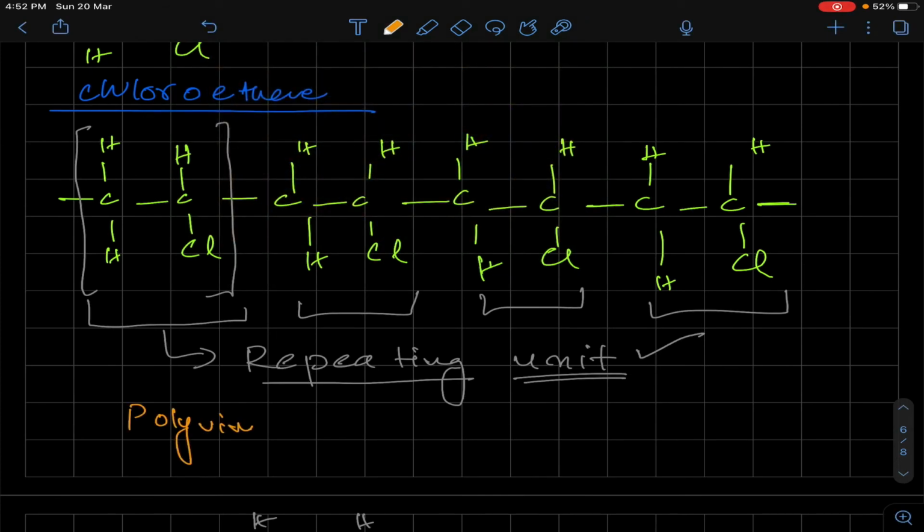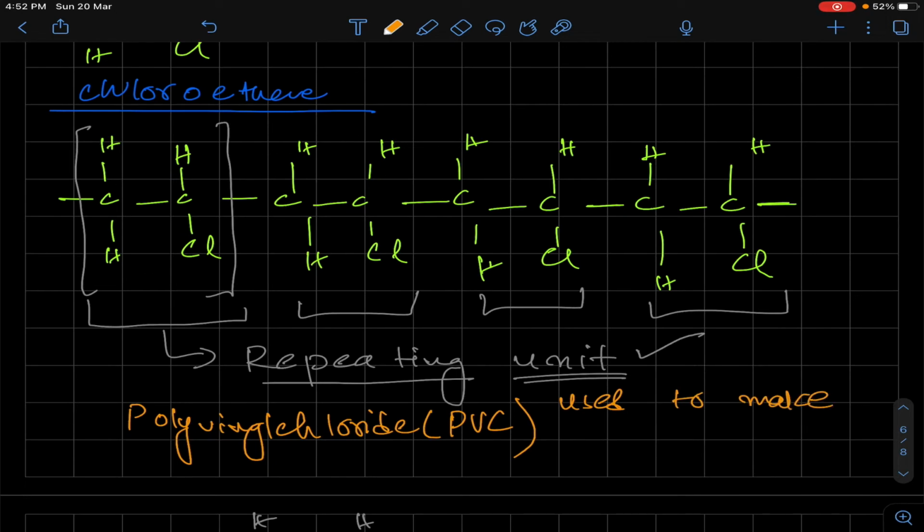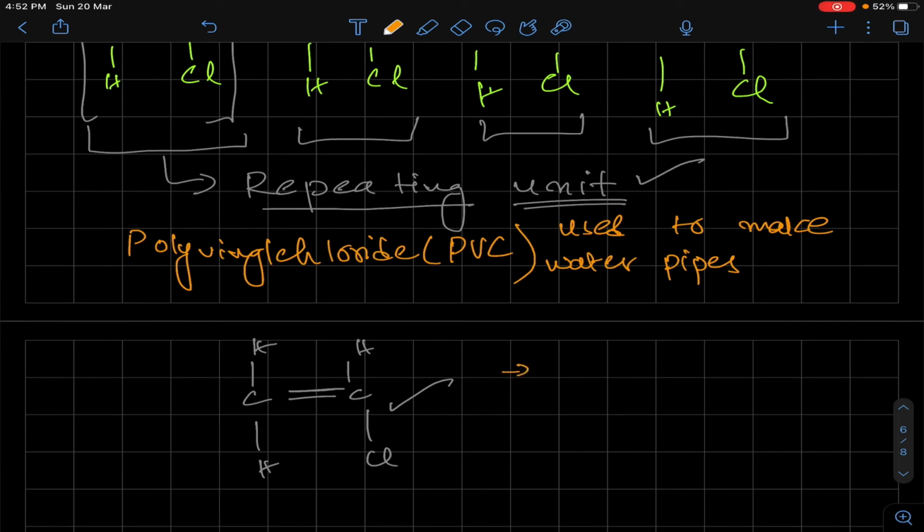PVC is used to make water pipes, also waterproof plastic sheeting, and insulation for electric cables, because addition polymers are very good insulators.